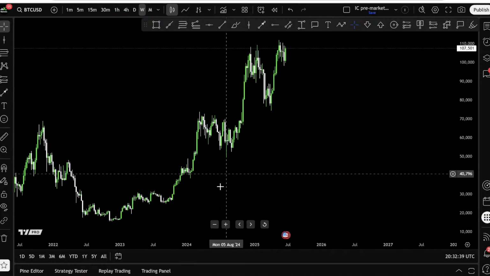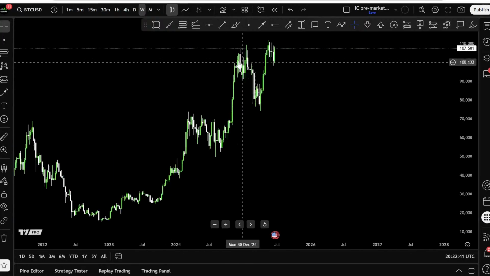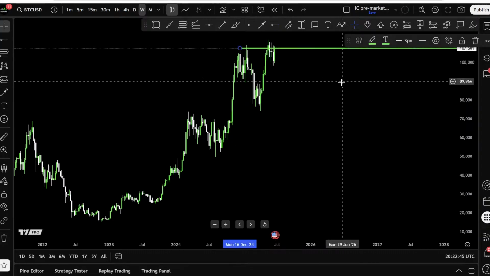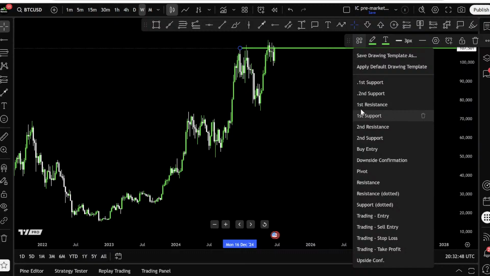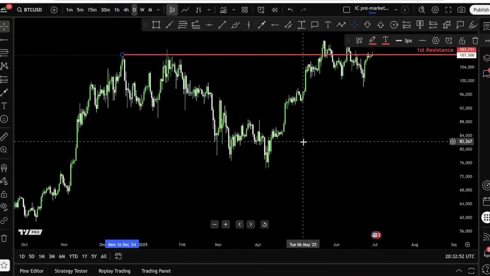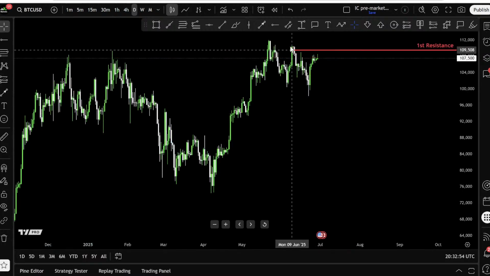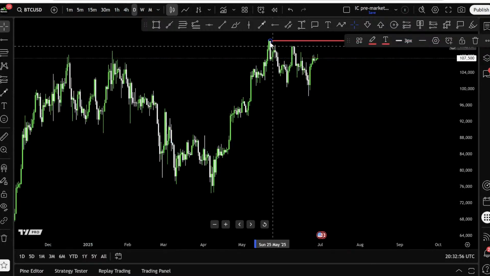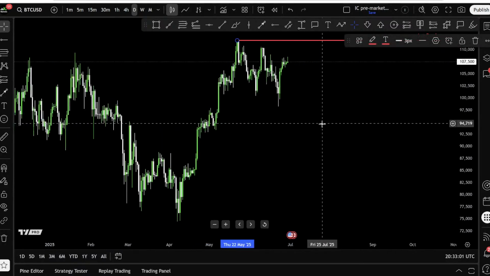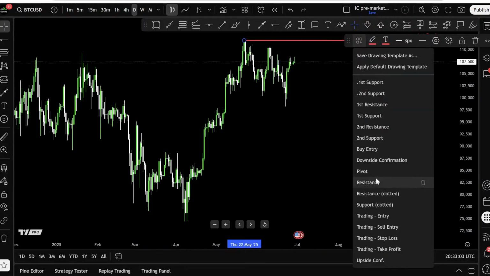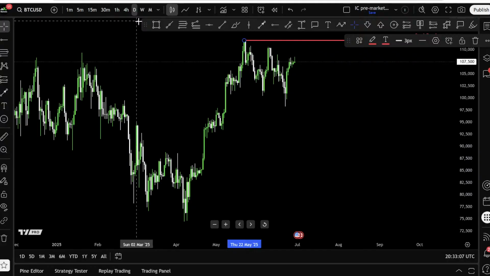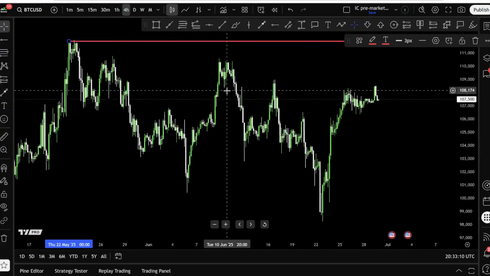Okay, so on our weekly time frame, you can see prices kind of testing this resistance level here. Now looking at our daily time frame, I'm going to place our first resistance up here. Okay, let's look at the 4-hour time frame first.